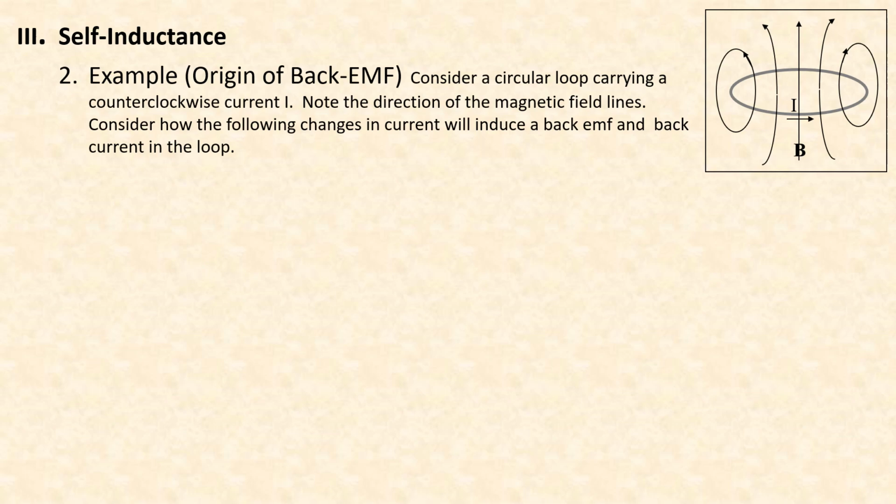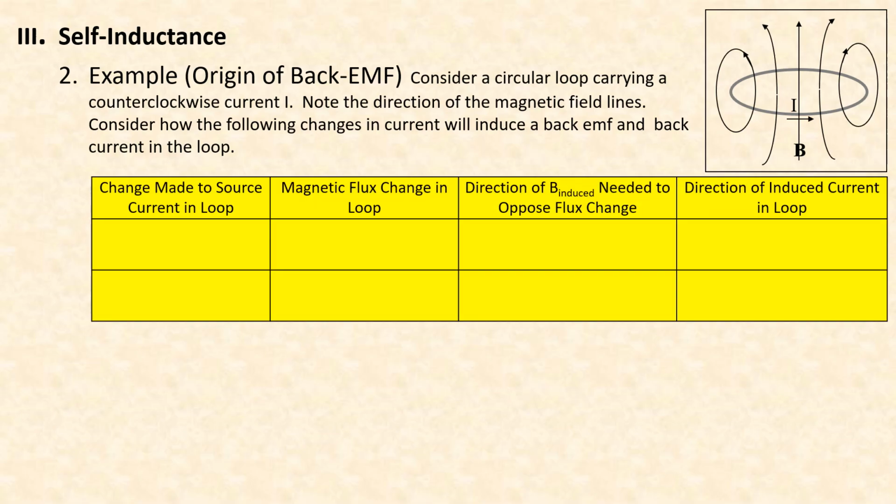We're going to consider how changing the source current will induce a back EMF and back current in the loop, and we're asked to find the direction of this back current that gets induced with the particular changes in source current. Looking at all possibilities, let's start by considering the case where we have an increase in the source current.